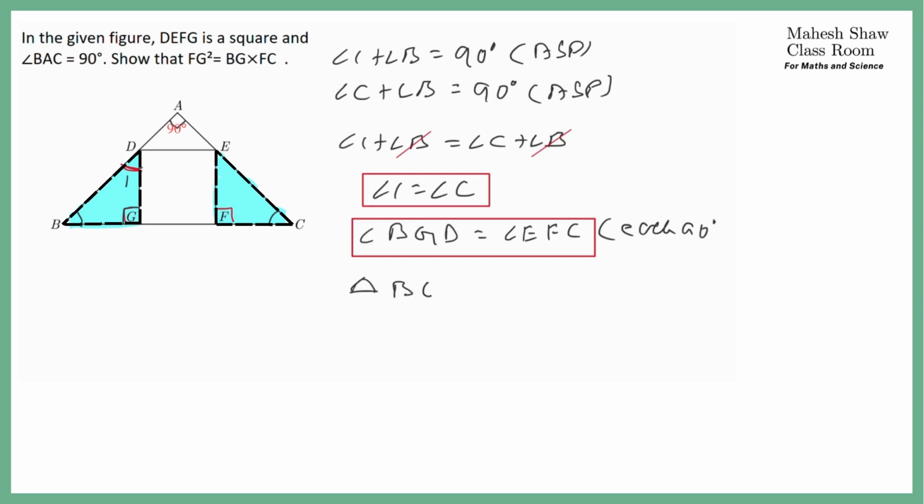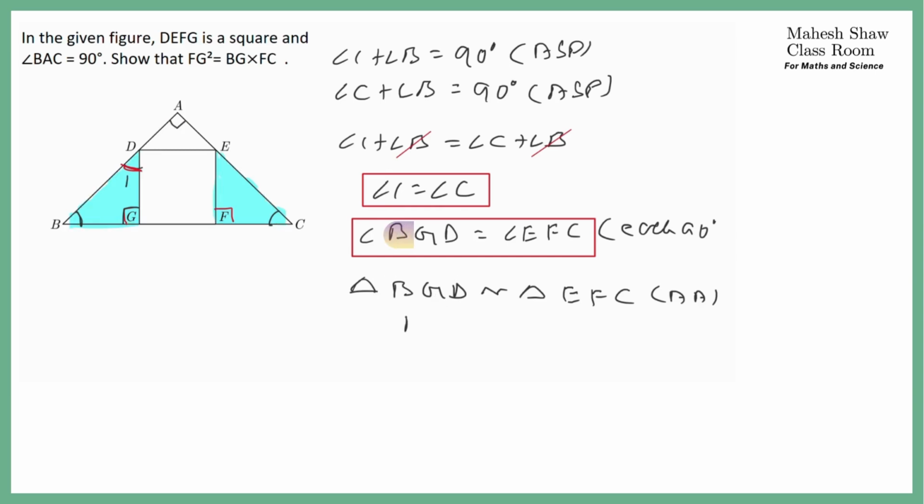The first triangle, if I write BGD is similar to, well, what does B correspond to here? B corresponds to E, G corresponds to F, and D corresponds to C, and they are similar by AA. So once these triangles are similar, we can write their sides as proportional.